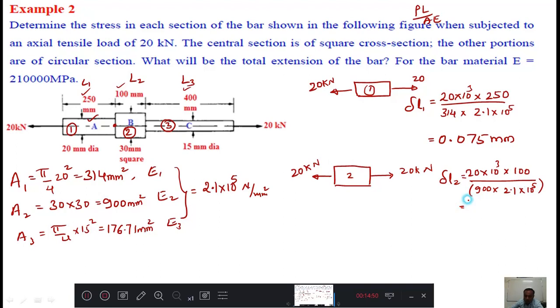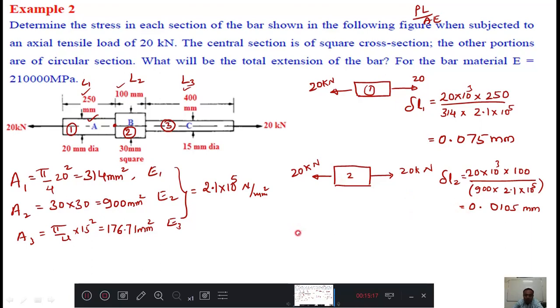The answer is 20 into 10 raised to 3 into 100 divided by 900 into 2.1 into 10 raised to 5. This is 0.0105 mm. This is also tension, therefore positive.